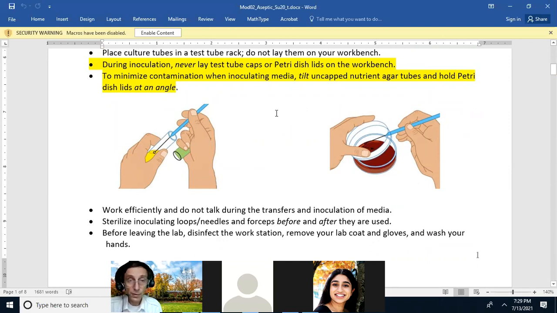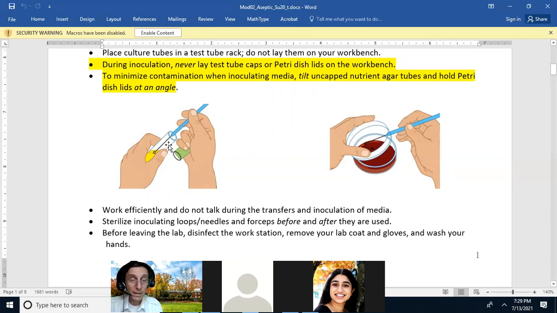What you should do is hold on to the cap in one hand, or the lid in one hand, and as best you can, keep the plate covered so that bacteria falling down from the air will fall on the cover of the plate and not into the media. Now obviously you can't totally keep the plate covered all the time. You do have to get into it and do things.